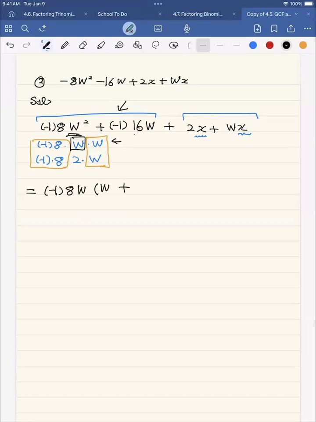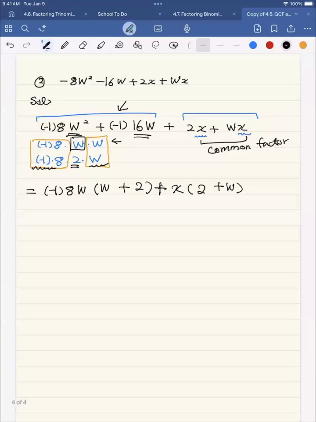In the second one, the remaining one, after we take out negative 1 times 8w, is 2. So w plus 2. And this x was the common factor in the second two terms, so we take out x, and then the remaining part is 2 plus w.